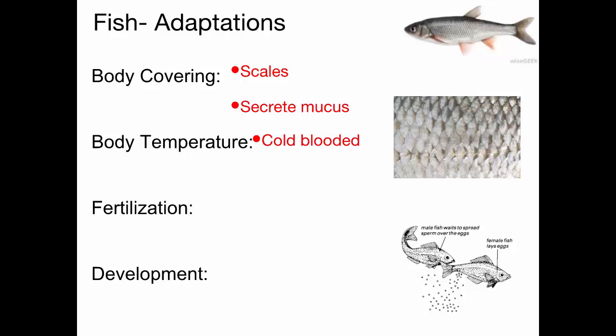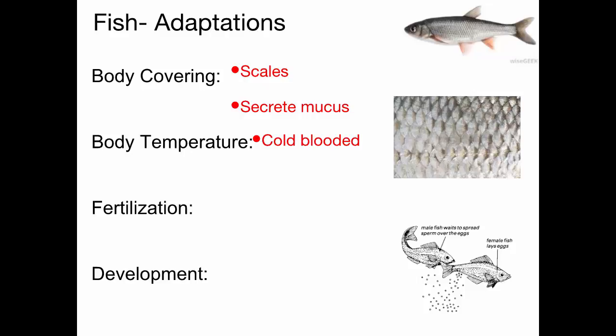Now, do you know what's an advantage of cold-blooded? There's an advantage to that. Now, with cold-blooded animals, it's a disadvantage too, because if a fish lives in a 40-degree lake and their body temperature is down to 40 degrees, they can't be very active. It's so cold that they basically slow down.